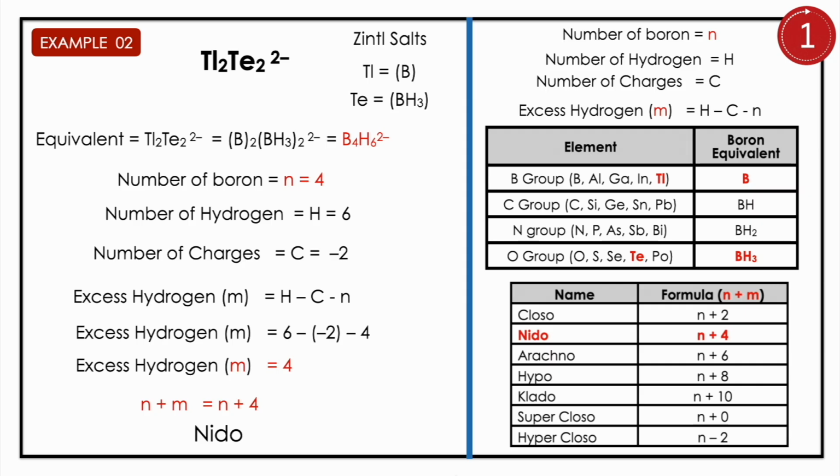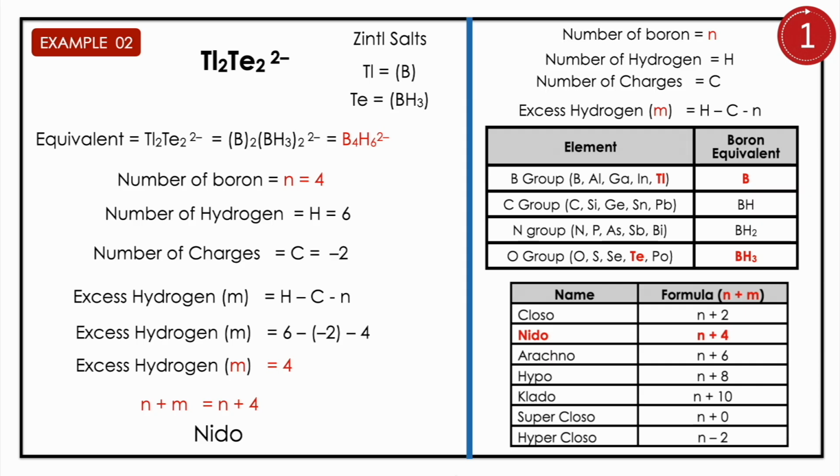Thallium is in the boron group. Tellurium is in the oxygen group. So the thallium equivalent will be boron. The tellurium equivalent will be BH3. If you substitute, the formula becomes B2(BH3)2 2 minus. If you simplify, it becomes B4H6 2 minus. The compound becomes a simple borane.